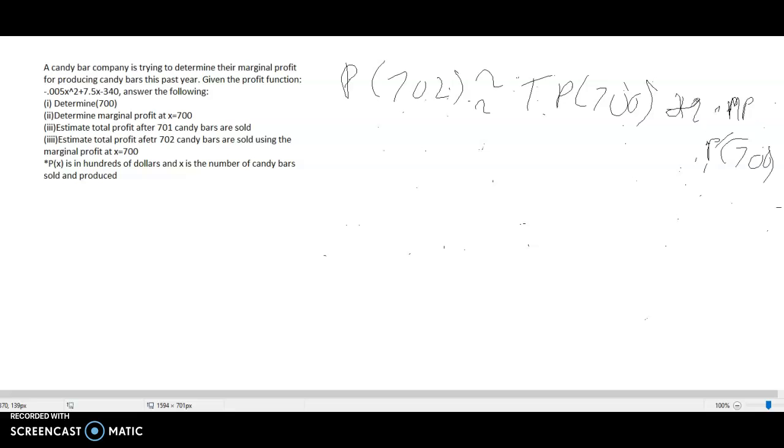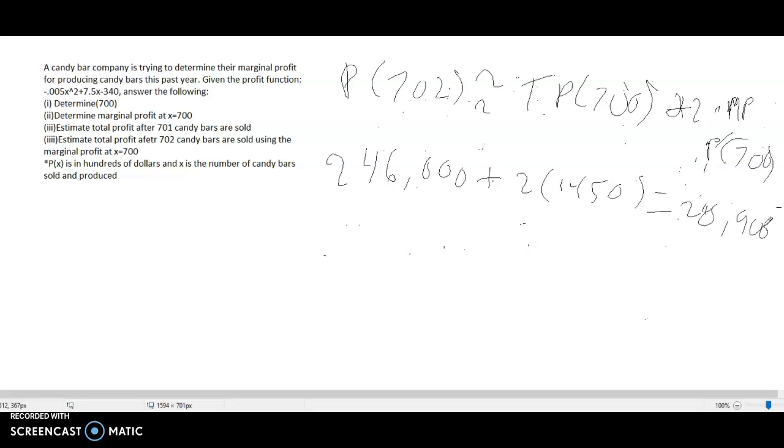Inputting the numbers, which I already worked out, you get 246,000 plus 2 times 1,450, because that was the marginal profit we got, and that will give you 248,900.